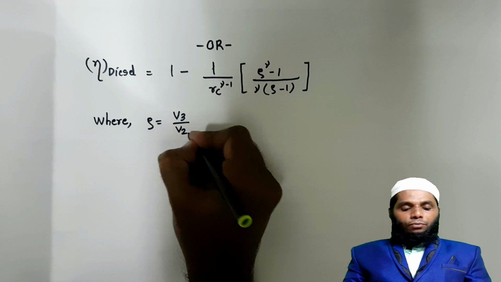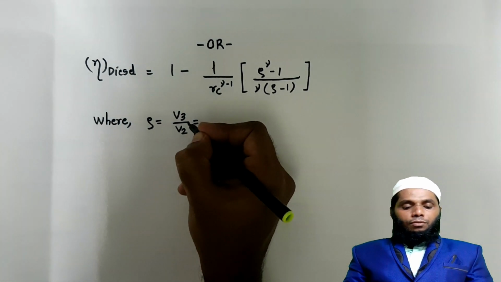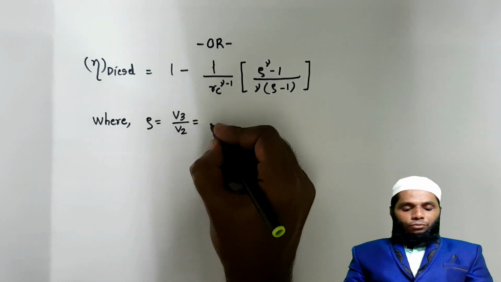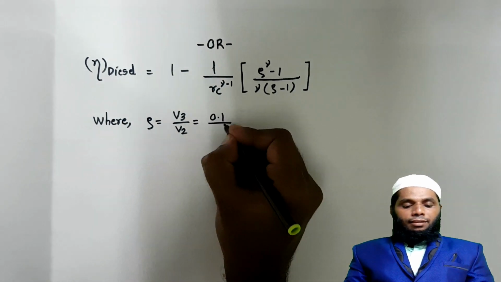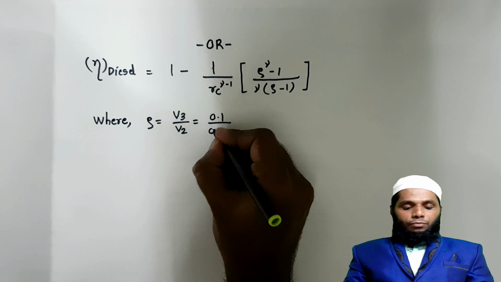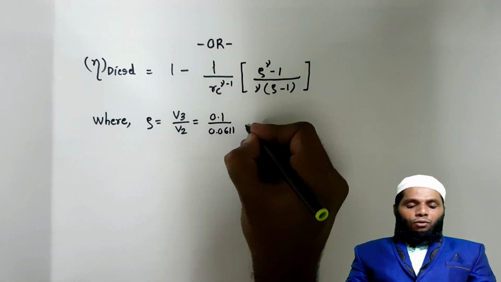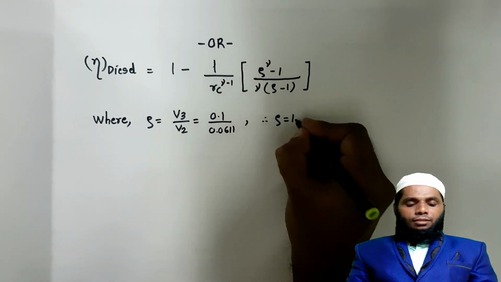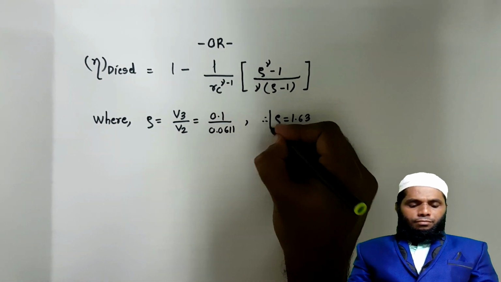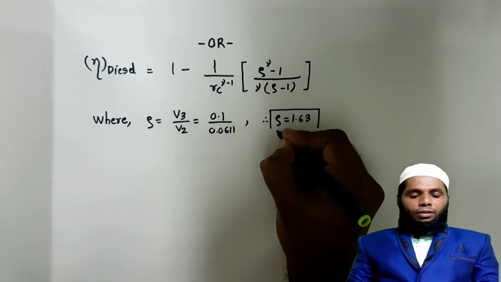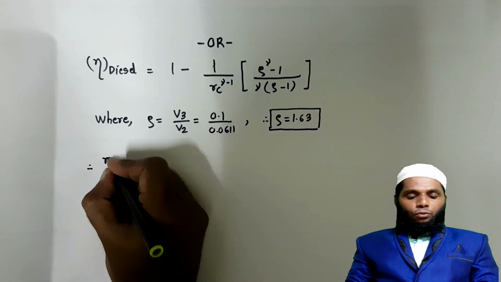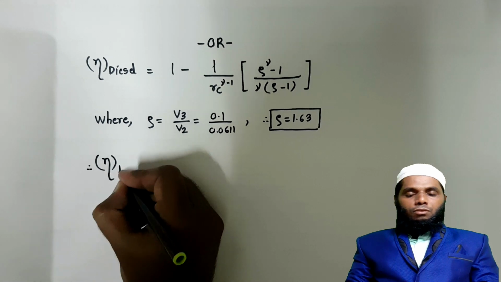We have the rho value, that is cutoff ratio, which can be determined by this relation V3 by V2. Both values of volume we have. We'll substitute this in the equation. So 0.1 upon 0.0611. So cutoff ratio rho is equal to 1.63.